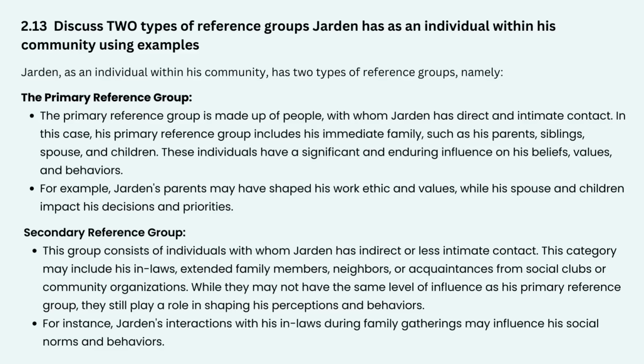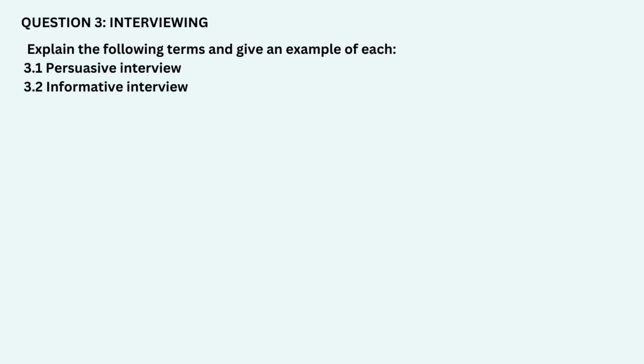This category may include his in-laws, extended family members, neighbors, or acquaintances from social clubs or community organizations. While they may not have the same level of influence as his primary reference group, they still play a role in shaping his perceptions and behaviors. For instance, Jardine's interactions with his in-laws during family gatherings may influence his social norms and behaviors.